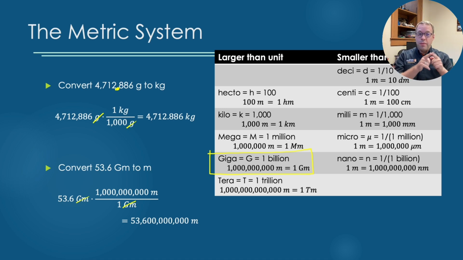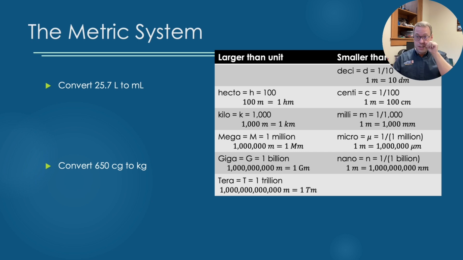That's how to go from the base unit to a large prefix and from a large prefix back to a base unit. Now let's go to these two examples where we go from a base unit to a small prefix and from a small prefix back to the base unit. Let's convert 25.7 liters to milliliters. We know that milli is 1,000th of the base unit.